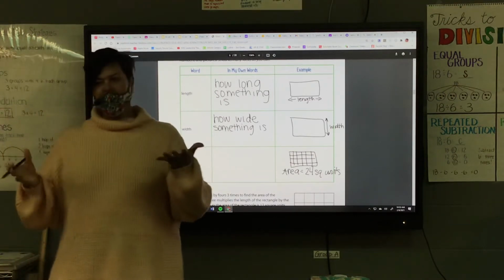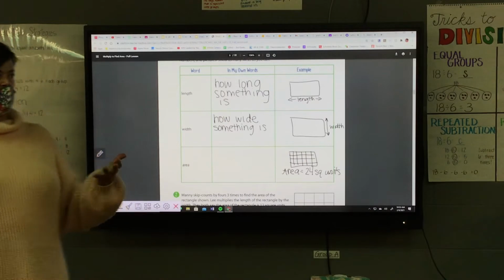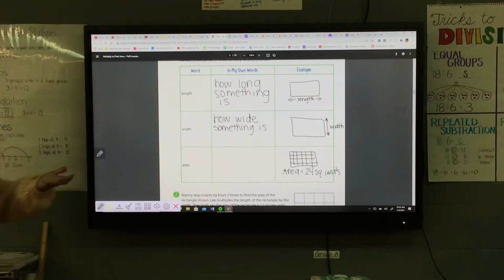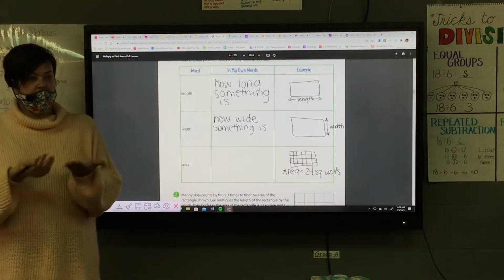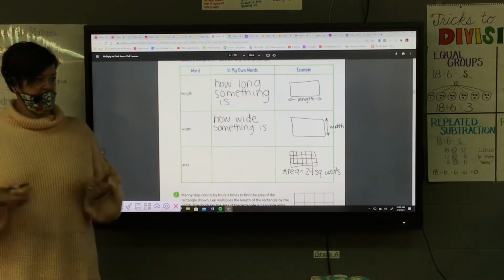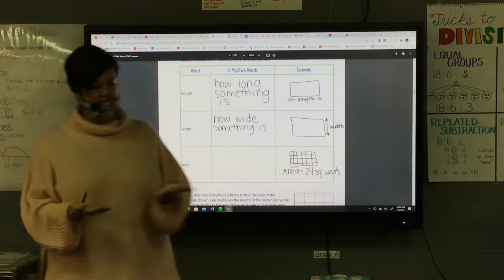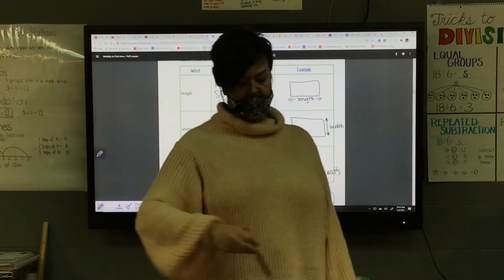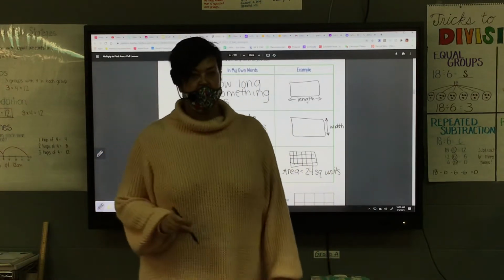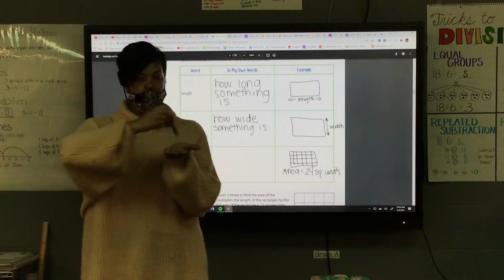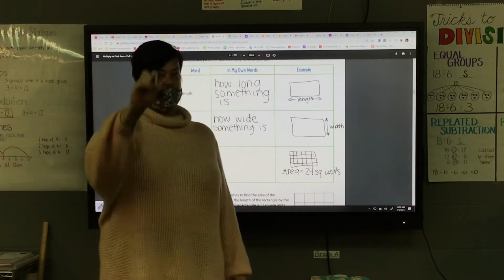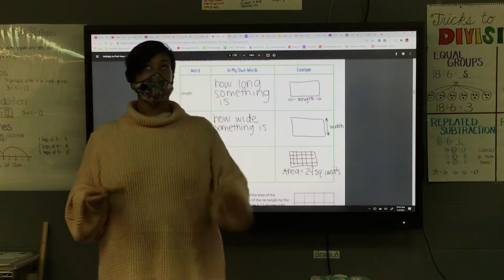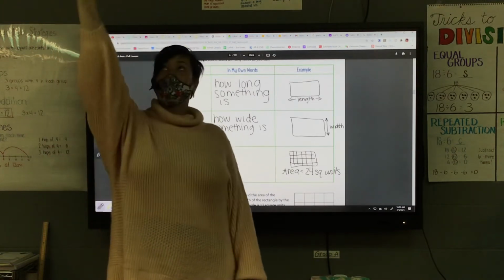So the area of anything is just the amount of space that it takes up in a flat object. It has to be a flat object. Like, could we find the area of the top of our desks? Could we find the area of one of our workbook pages? Could we find the area of the iPad? Of a ceiling tile?